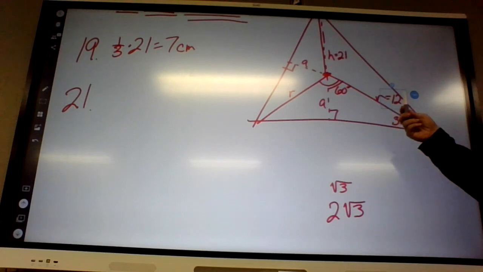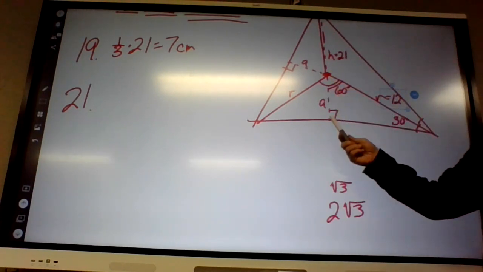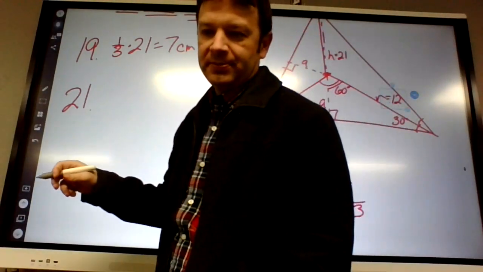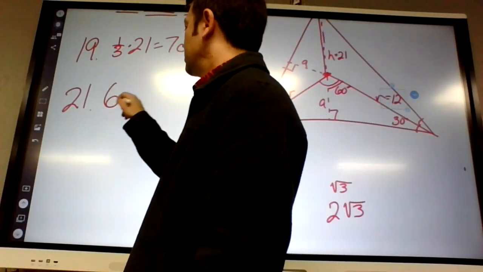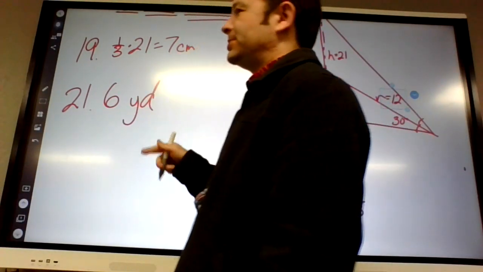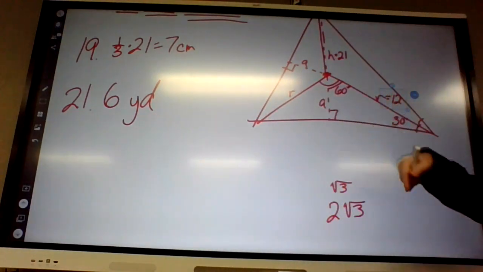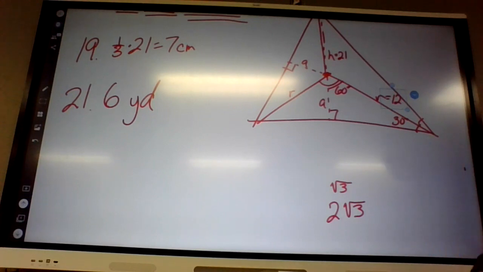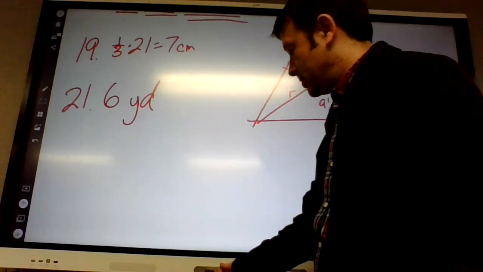Divide by 2, right? So if this is 12, this is 6. So anyway, 6 yards. Actually, 20 is using a different ratio, so it's not the 2 to 1. All right. Okay, try the evens.